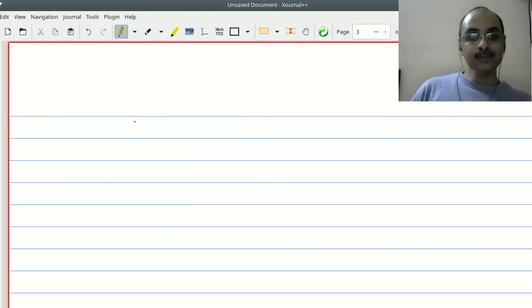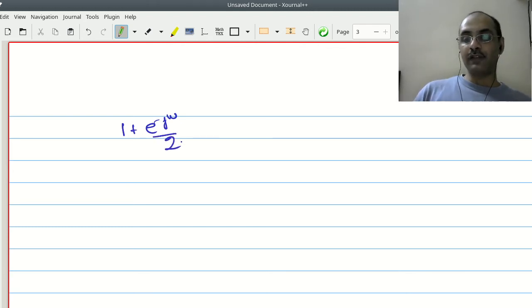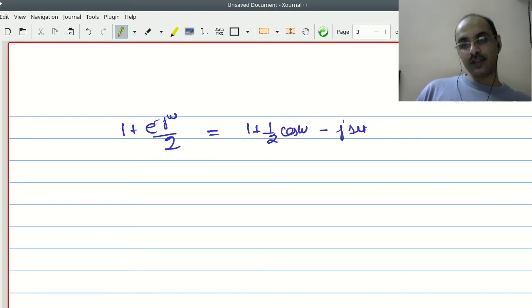Let's take another example. Let's take one plus half delta n minus 1, which is this. Now over here things are a bit tricky. So here we need to write this as 1 plus half cos omega minus half j sin omega.